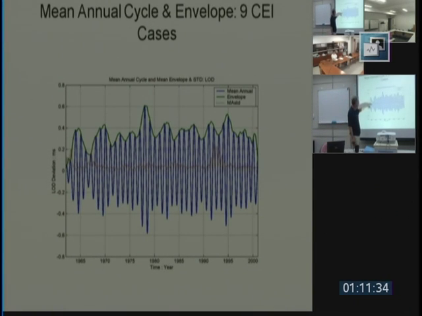Here is the annual cycle. On the dotted line, I plotted where the standard deviation is high. That's 1993, 1992. Over here we are very uncertain. Over here we are relatively uncertain.